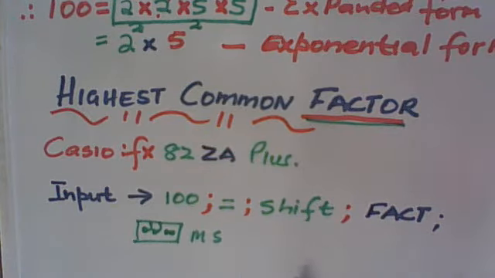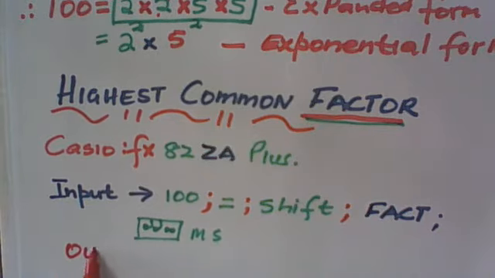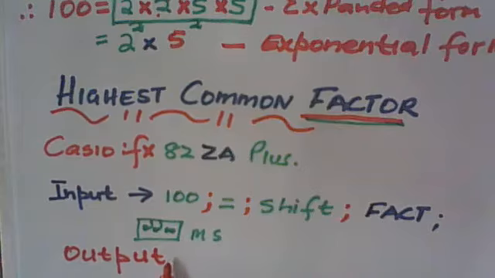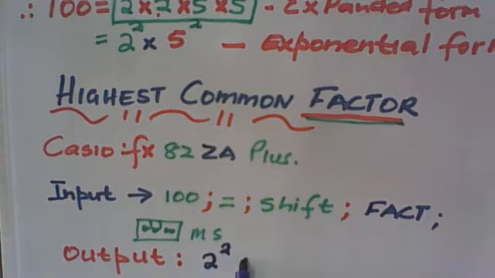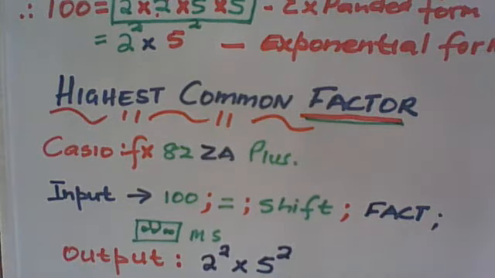Now after doing this, what will you get? You'll get the output. The output will be 2 to the power 2 multiplied by 5 to the power 2.